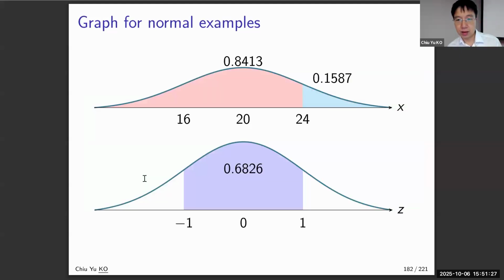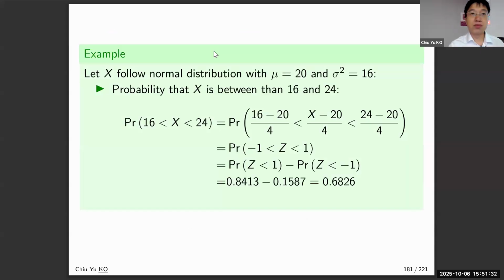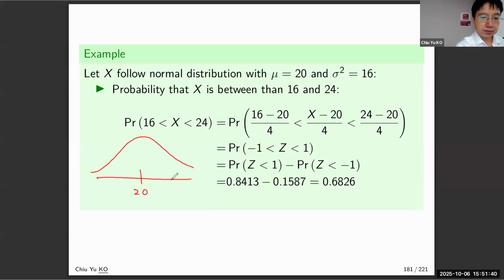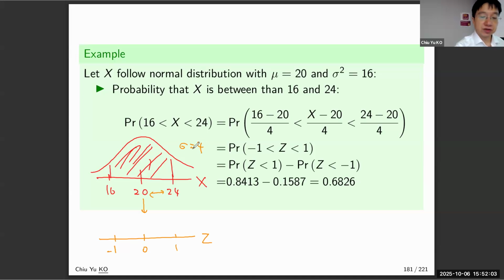Maybe I'll just draw it here in case you don't remember. Here, the mean is 20, and we want the area between 16 and 24. This is X, but it's essentially the same as Z, and this becomes 0 here. This is -1, this is 1, because the SD is 4.